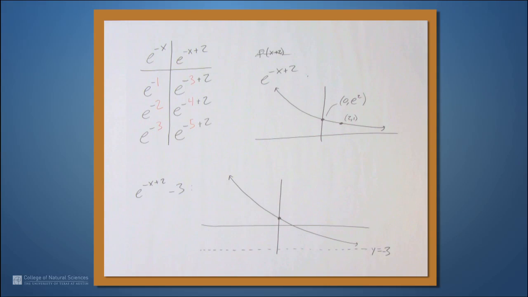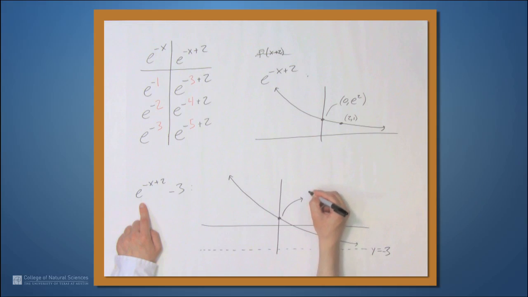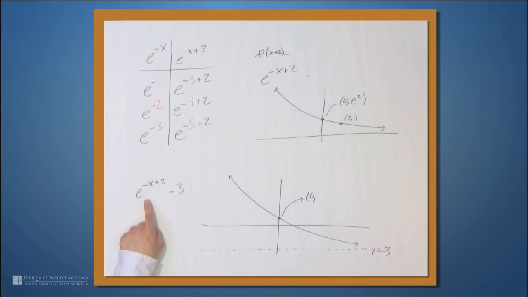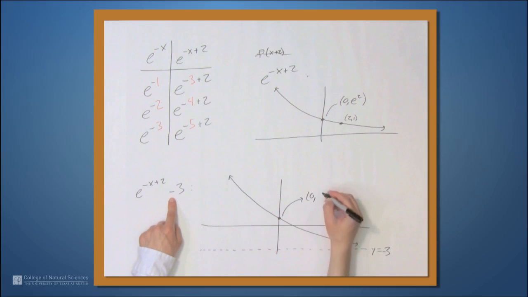So how do we know where these points are? In particular, why do I know that that point is above the x-axis? We're only sketching this, so we don't have to worry about scale, but we do want to get things like that correct. Well, what is this point? This point is what you get when you plug in 0 here. And when you plug in 0 here, you get 0, comma, well, e to the negative 0 plus 2, so that's just e squared minus 3.